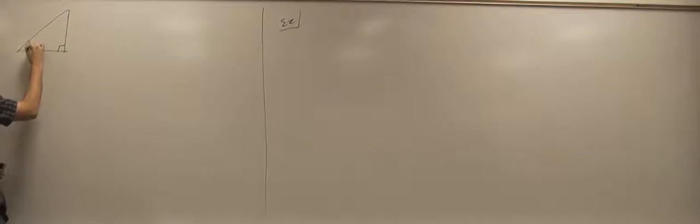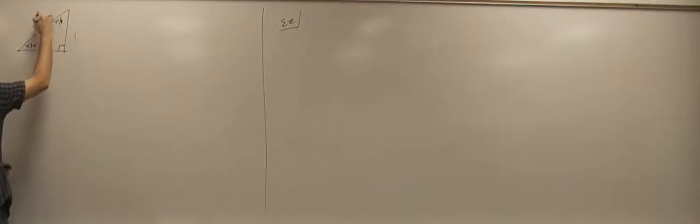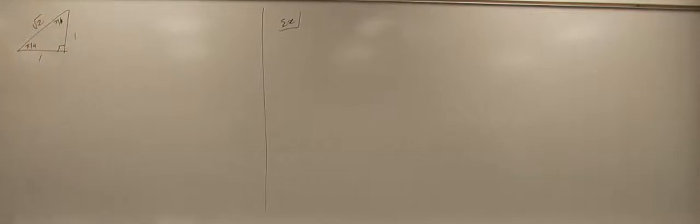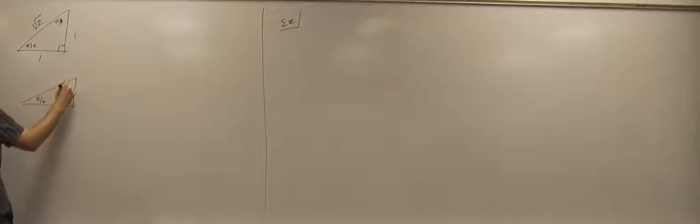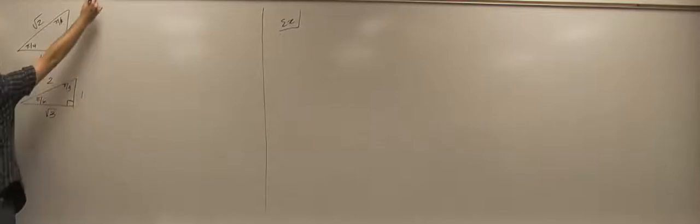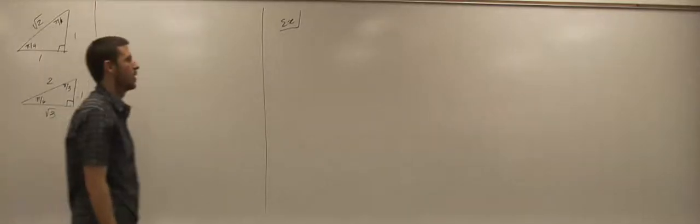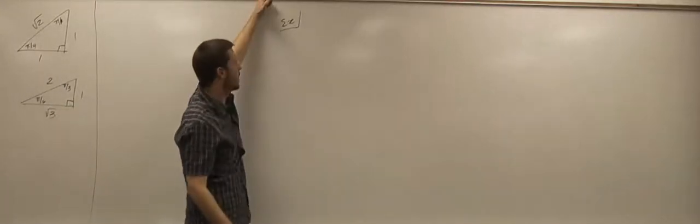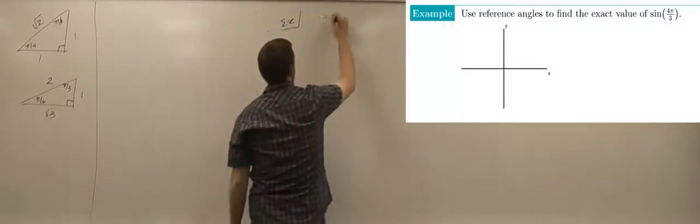In radians, 45 degrees is pi over 4, and then the sides were 1, 1, root 2. That helps us get our sine and cosine values for pi over 4 angles. And then we also had a pi over 6, or a 30 degree angle, which had a pi over 3 and a right angle. The sides here were labeled 1, 2, root 3. These are going to come in handy on the next couple examples, so let me leave them up here. All right, so I want to calculate sine of 4 pi over 3.